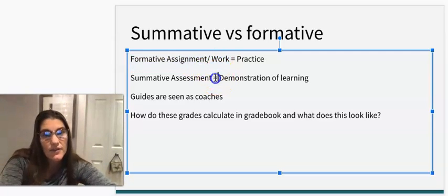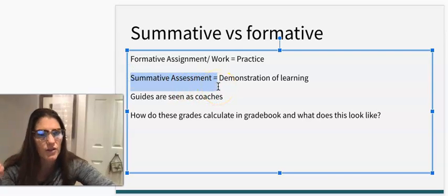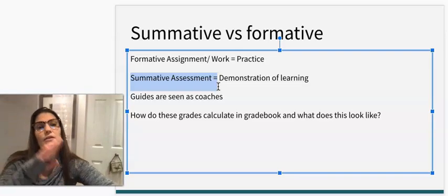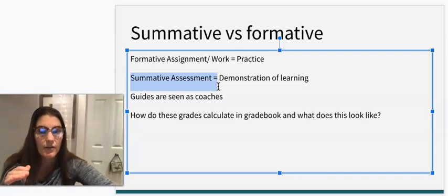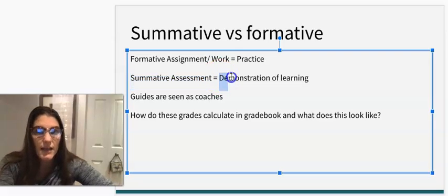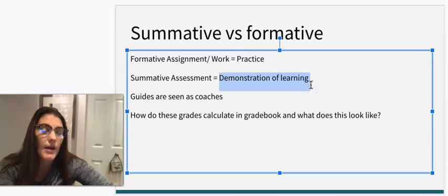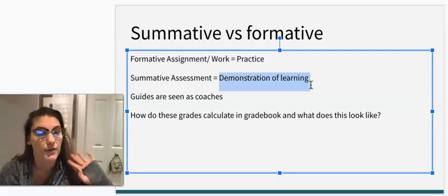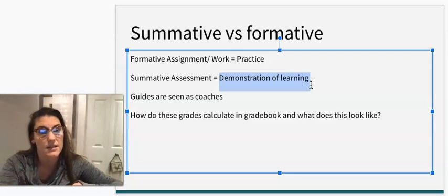On the other hand, the flip side is the summative assessments, which are like the final, the big tests, the big projects at the end, or maybe in the middle of a learning cycle if the guide is assessing one learning objective to see how it goes. We call these demonstrations of learning because you are demonstrating to the guide what you know and don't know, and what gaps and areas need to be filled in.